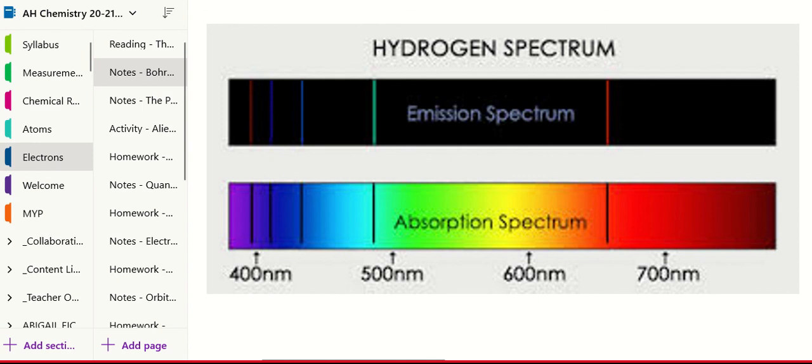We see lines in the absorption spectrum where the electron has done what? Absorb that specific wavelength or frequency of light. And are these lines in the same places? Yes. Because what is absorbed to make an electron move to a higher energy level has to be emitted, right? To go back to the same energy level.